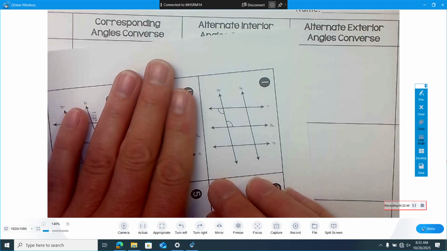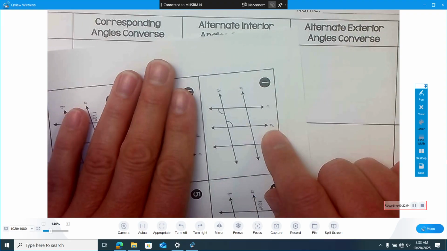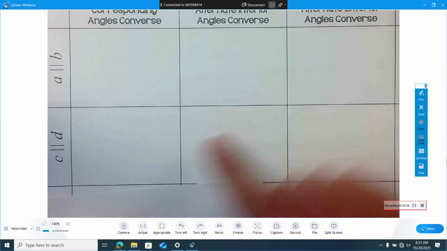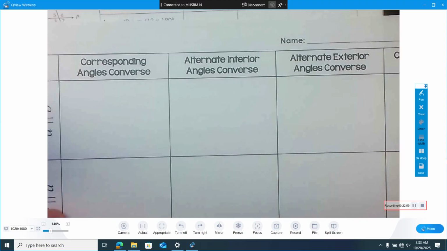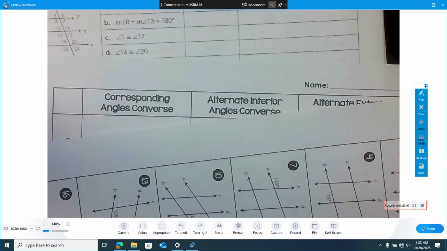Alternate interior, and they're congruent, which means which lines are parallel? C is parallel to D. And so you cut out this box, and for C is parallel to D, we've used the alternate interior angles converse. So it's going to be pasted right here. Does that make sense to you? All right. I thought that was kind of fun. So I'm going to pass that out to you.